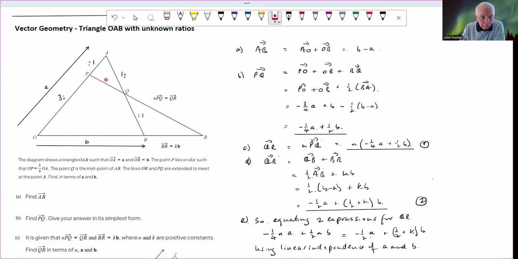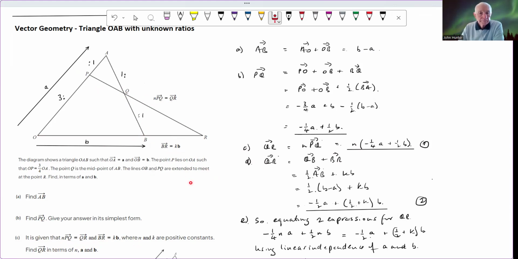We are told, though, that we could define some scalars which gave this ratio, but they've done it for us here. It's given that NPQ equals QR, so that's the ratio of PQ to QR. And also BR equals KB, so that gives us the ratio of this to this in effect.